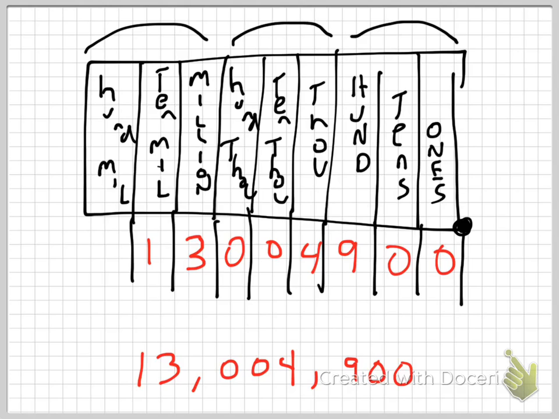Put them in groups. When you're reading it, you go to the far left, and you go, okay, what is the biggest group we get to? We get into the millions, right? They're in the millions group. So the first thing is going to be something millions. Then after that, something thousands, and then something by itself.